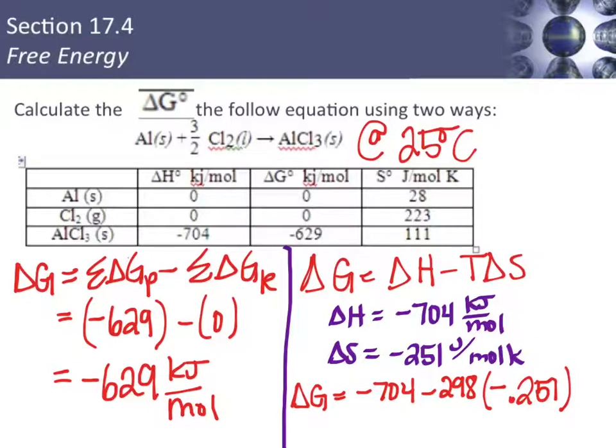And what do you get? Negative 629 kilojoules per mole. Does it match what we found earlier? Yeah, which is great. Questions on that? Okay, so let's do another one.